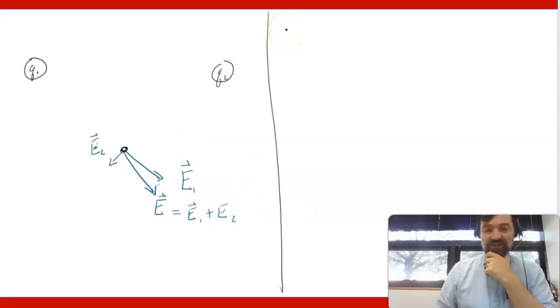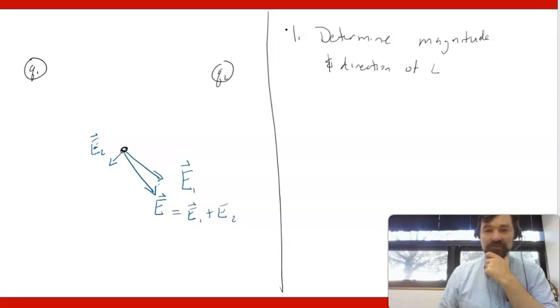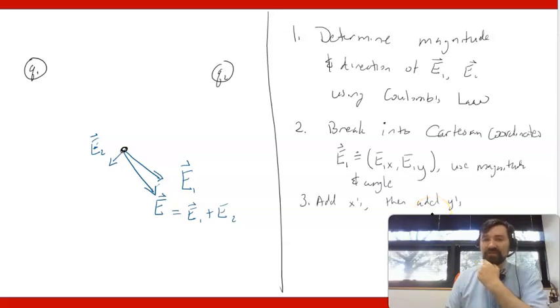The basic procedure here is to essentially determine magnitude and direction of the field from E1 and E2. So determine magnitude and direction of E1, E2 using Coulomb's law. Then step 2, break into Cartesian coordinates. You do that by using the magnitudes and directions.